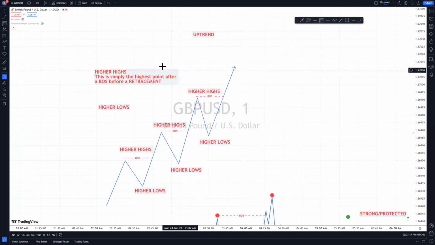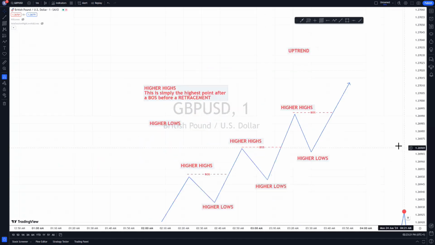Now that is what a higher high is. I'm going to explain, and I'm also going to show you live chart examples.